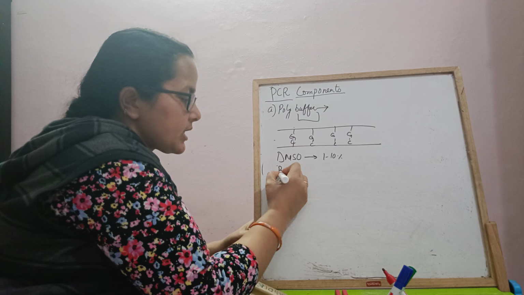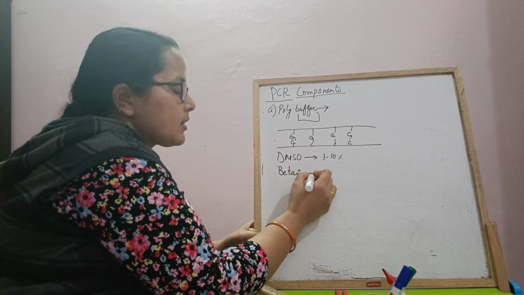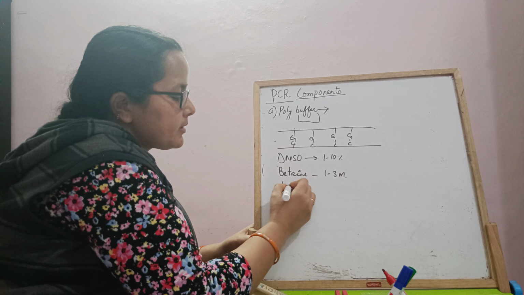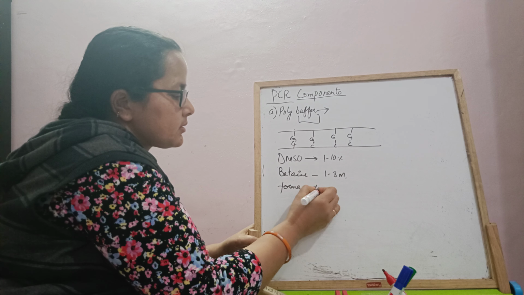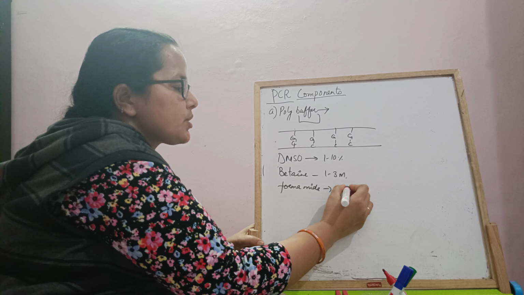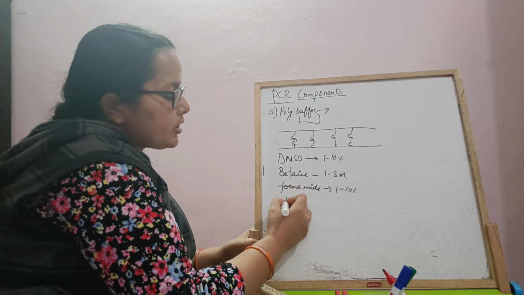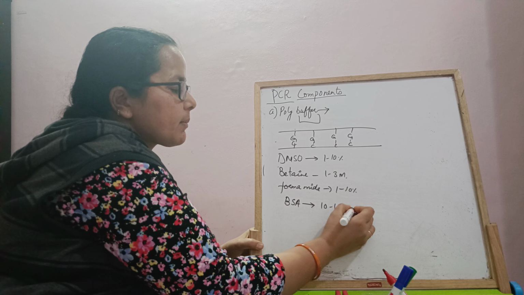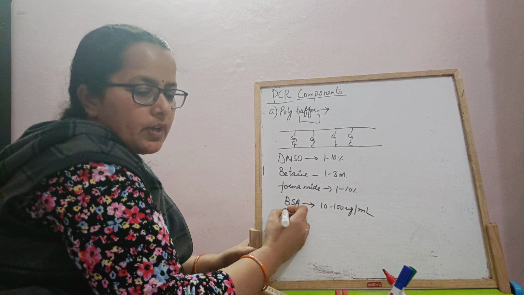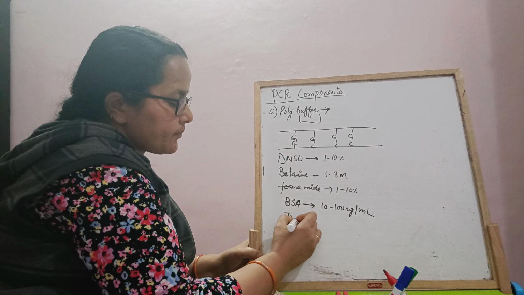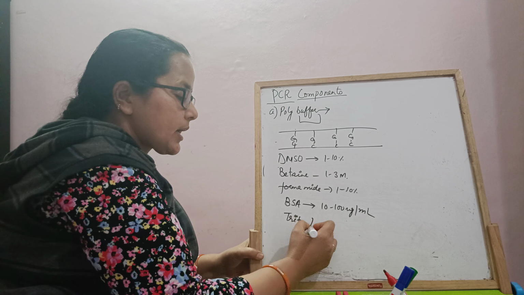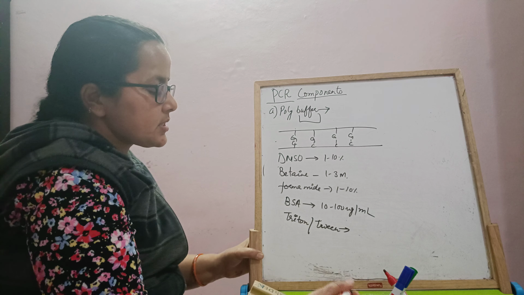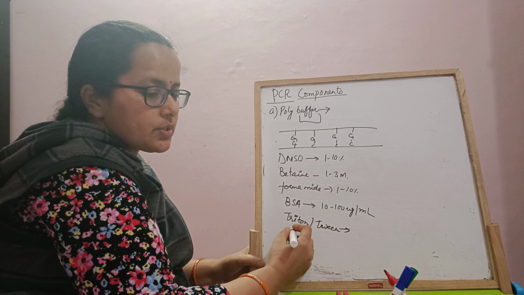Then we can use betaine, 1 to 3 molar. Then formamide, 1% to 10%. Then BSA, bovine serum albumin, 10 to 100 microgram per ml. Then Triton or Tween, which are detergents. And then we can use glycerol.